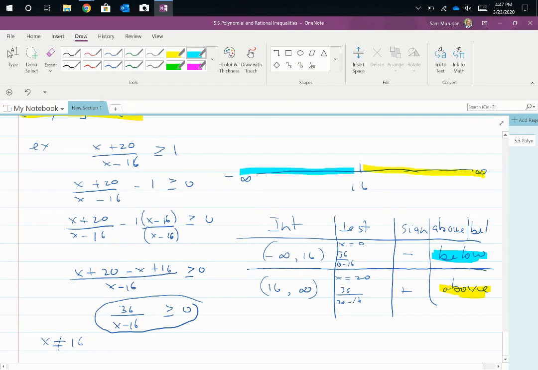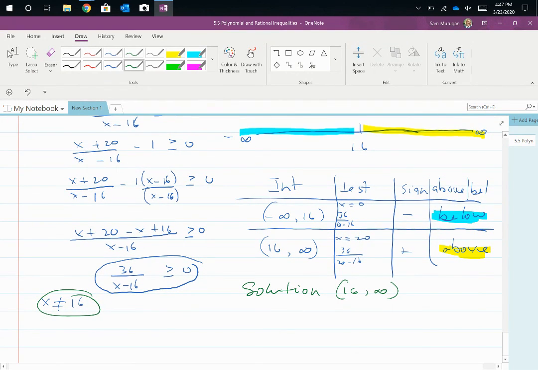Now let's see what the problem is asking for. The problem is asking for greater than, so it wants the solution for above. So the solution is from 16 to infinity. Now, although it's greater than or equal to, we have to put the 16 in parenthesis, since x cannot equal 16, because 16 is a vertical asymptote.